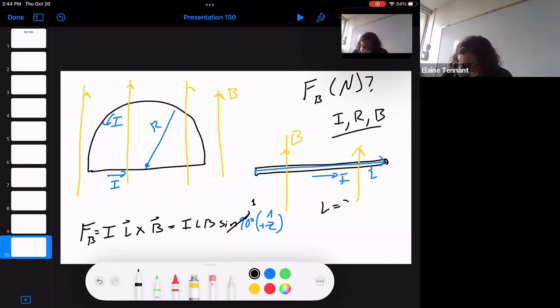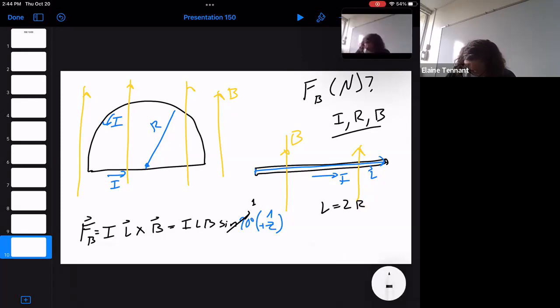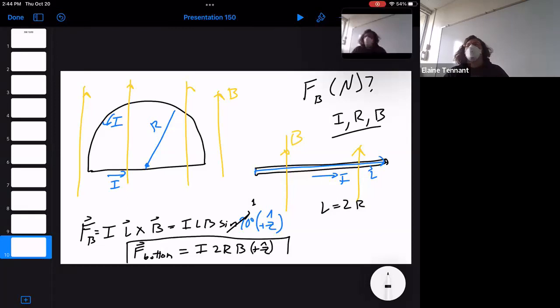So we can say L equals 2R. And so the magnetic force on the bottom of this thing is I 2R B in the plus z direction. Okay, everyone solid on that?